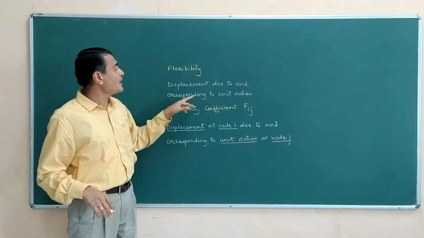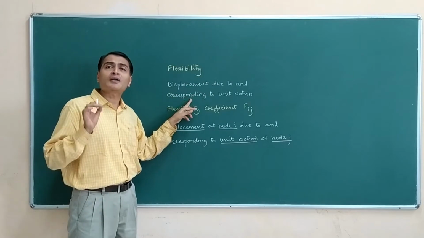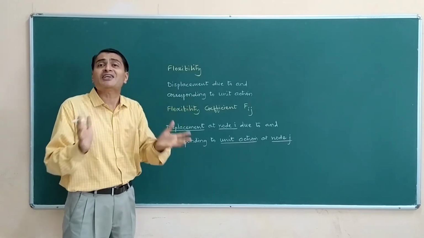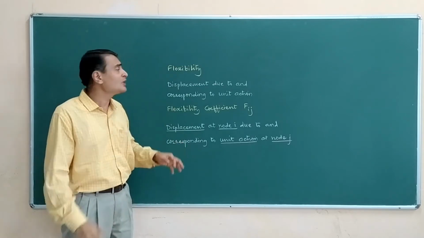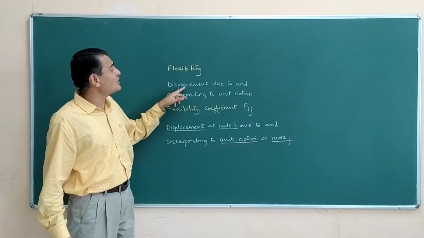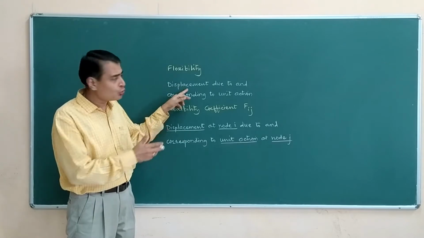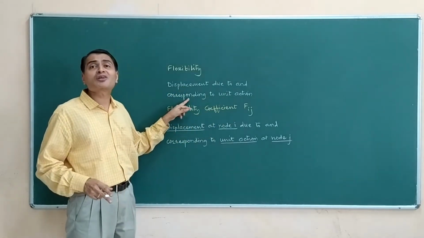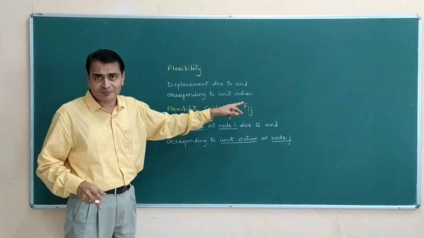So due to and corresponding to, both are equally important, and actually both are pointing at different aspects. So I repeat, flexibility is the displacement due to unit action, but which displacement? It is corresponding to our unit action.